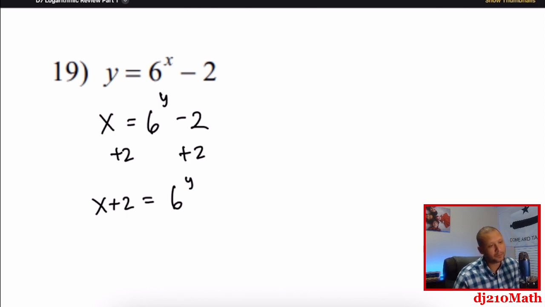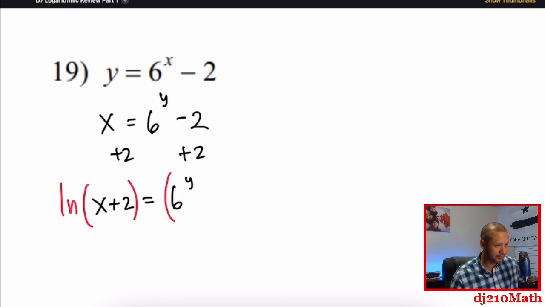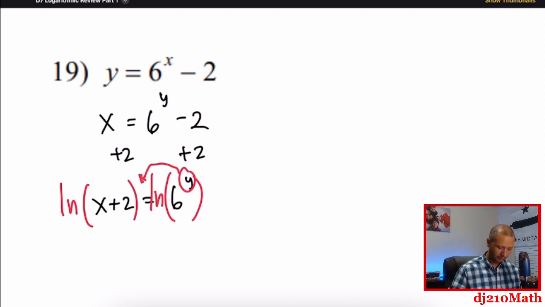So again, the golden rule, right? I can do anything I want as long as I do it to both sides. So what I'm doing is I'm taking the natural log of both sides. When I do that, that allows the variable to come down because that's a property of the natural logs or of logs in general.